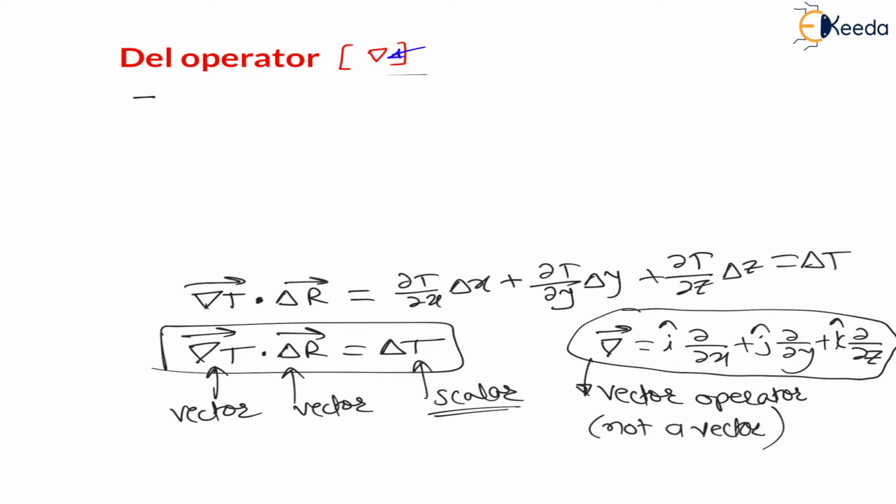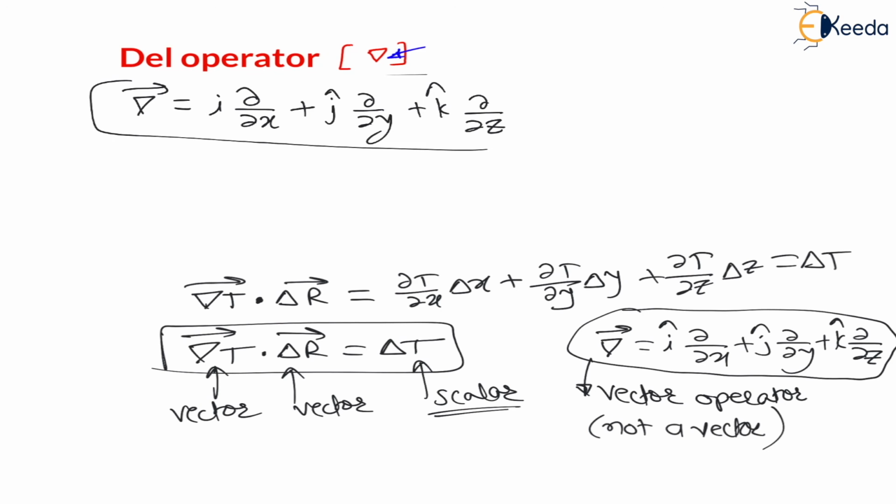Therefore for this del, simply we can write the definition, this del is nothing but i dou by dou x. You have to remember this, very very important, it is universal, in any subject you have to do the same. In coming 4 years many times you are going to use this. Therefore i dou by dou x, j dou by dou y plus k dou by dou z is the del operator.